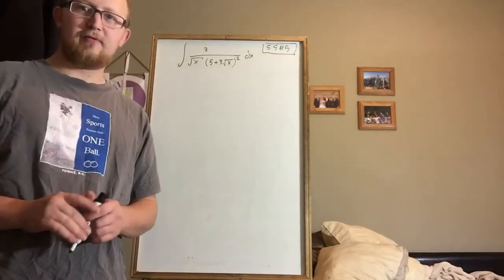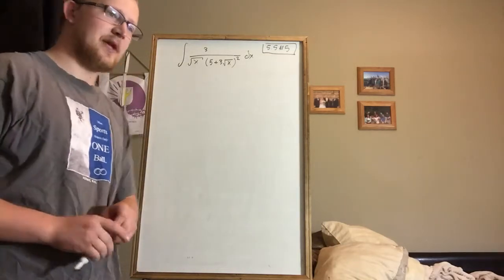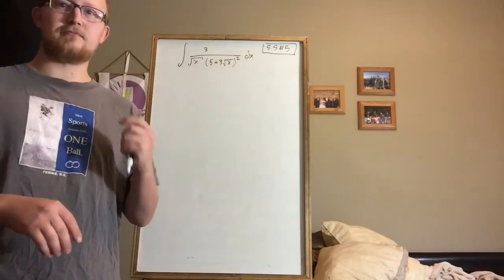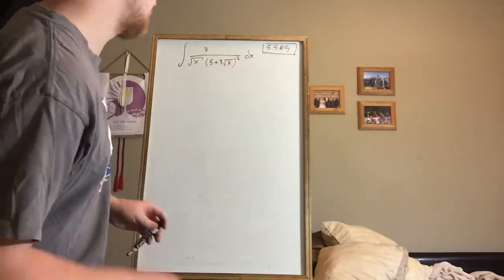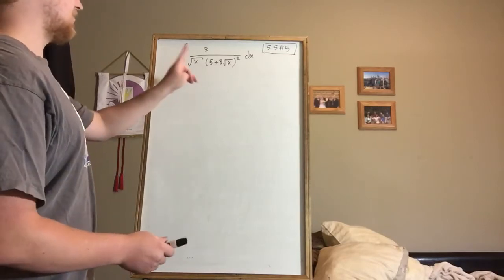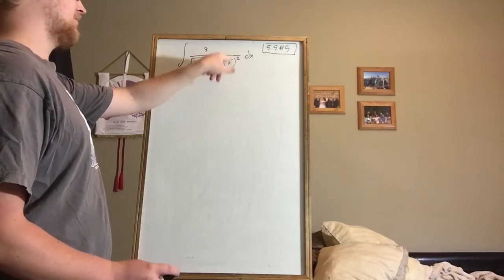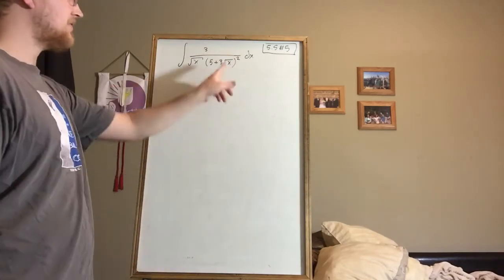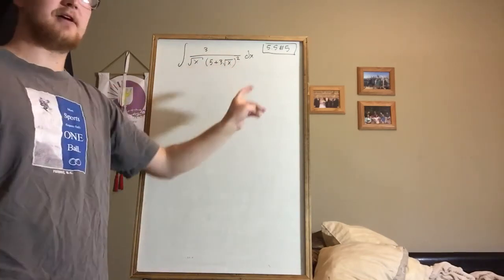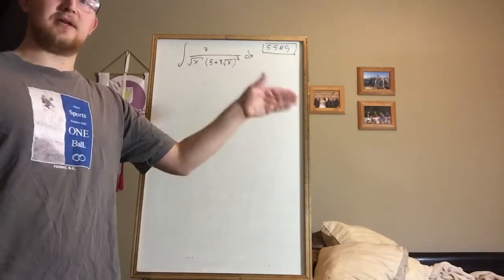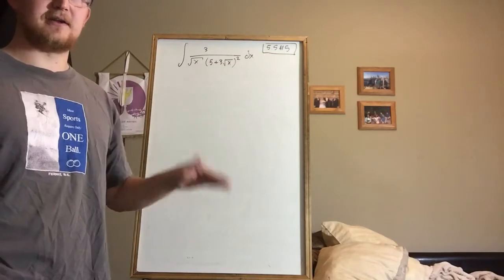Alright, this is 5.5 problem number 5, and we're looking at u substitution. I'm going to explain what goes through my head when I'm trying to pick u. I'm looking at this term, 5 plus 3 x to the 1 half. If I took the derivative of x to the 1 half, I would end up with x to the minus 1 half, which would mean a square root of x in the denominator.